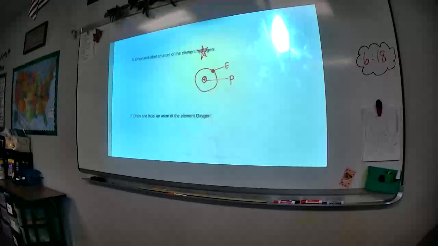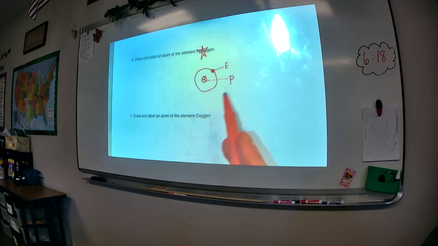Brian? I already knew that, but why can't he have a neutron? That's just the way it is. It's just the way it was made, the way God created it. Yes. But you draw on a diagram like this, like you have the E on the outside? Okay, so then with your red pen, just add the diagram picture.